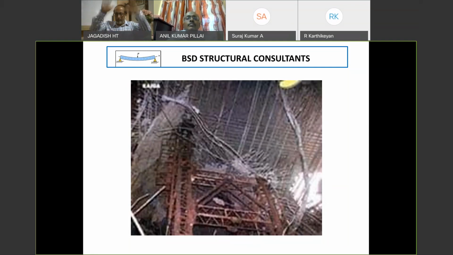Whatever debris fell from the top, the big chunk of mass is resting on the tower. It didn't fall down. But the pieces of debris fell on the platform. There were some openings where small things fell down, but most of the debris was contained on the platform, due to which people who were working below were completely safe.